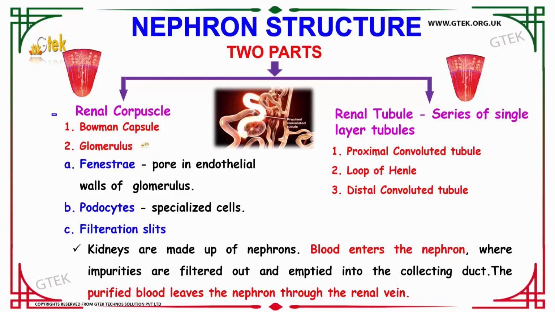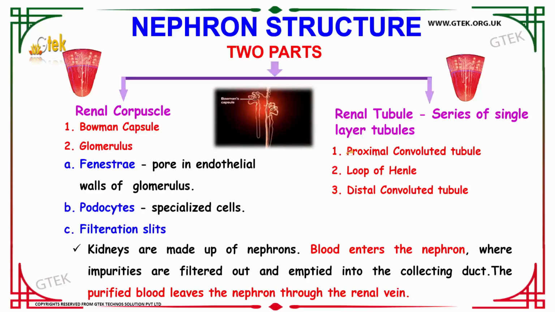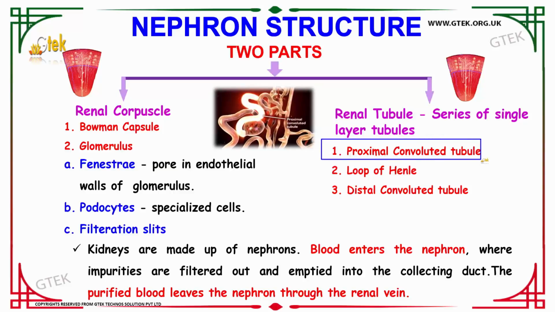So these two parts of your nephron are your renal corpuscle. Whereas your renal tubule is a series of single layer tubules, and it includes the proximal convoluted tubule, the loop of Henle and distal convoluted tubule.